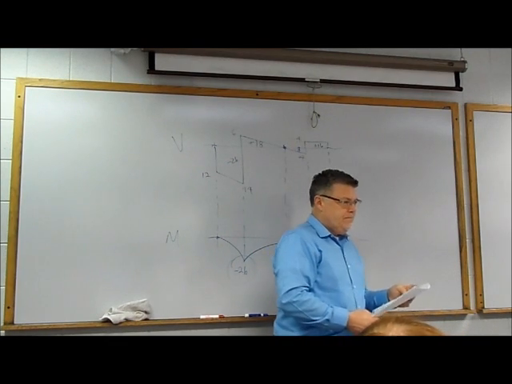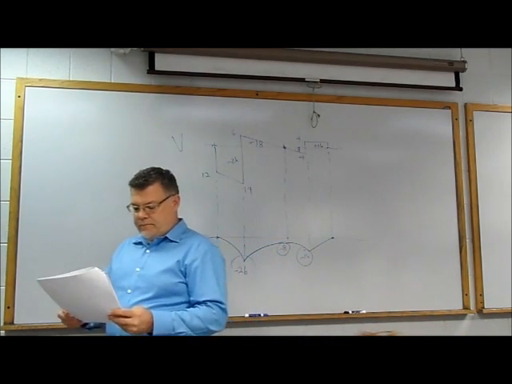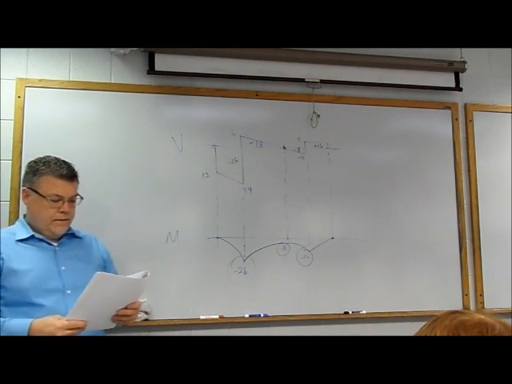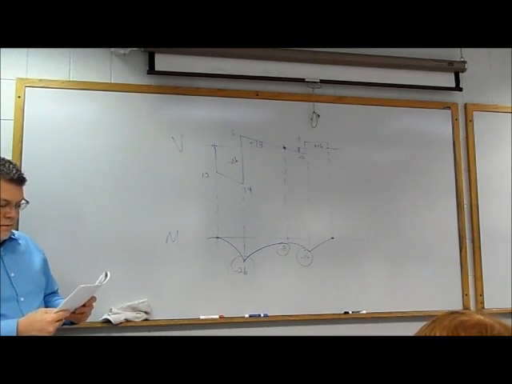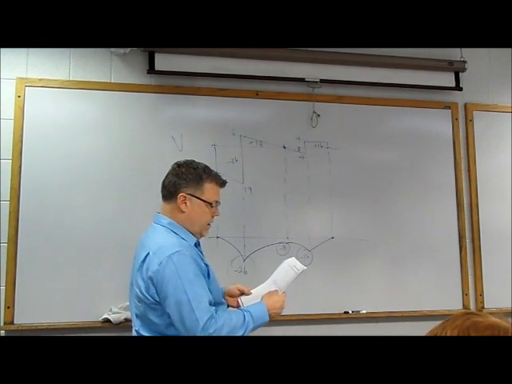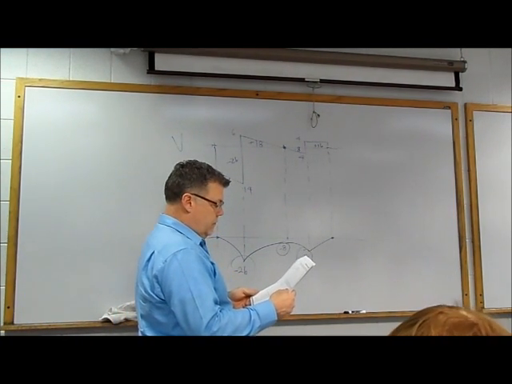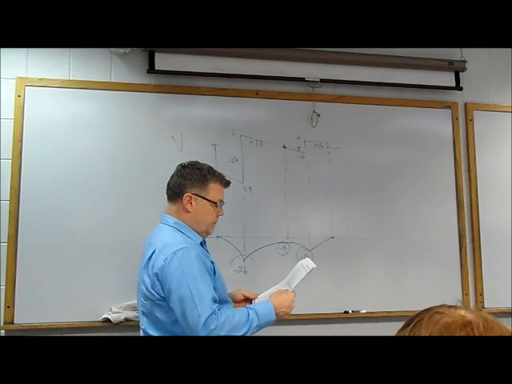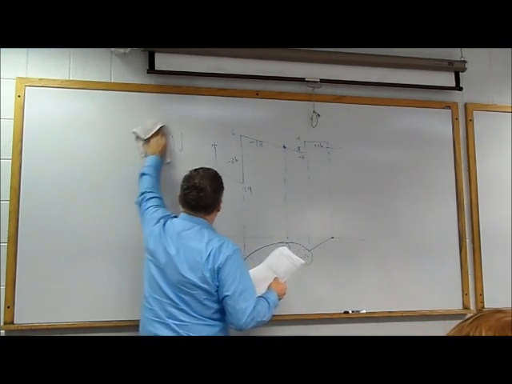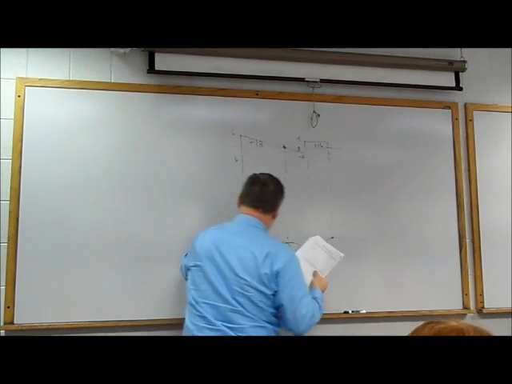About 41. Yeah, 41. There's an equal formula for 41. What's that? Tau equals PR over J. I read it like 5 times. Well, what do you know? There's somewhere in there.